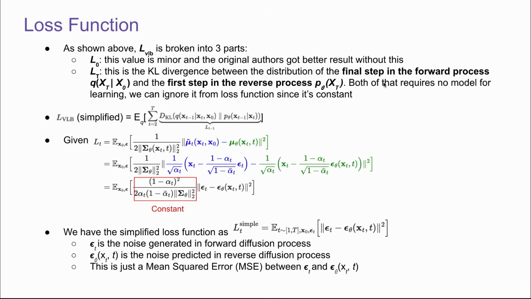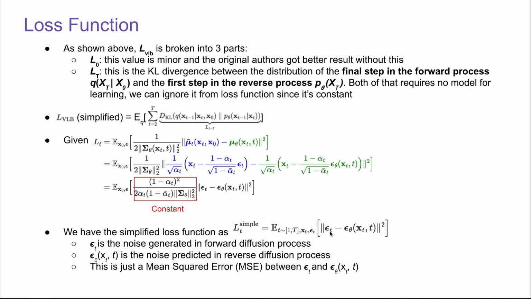Both of these distributions require no model for learning. We can ignore it from the loss function since it's constant. So now we have the VLB loss function simplified to be the sum of Lt minus 1, t from 2 to big T. And after some math deduction by expanding the normal distribution, we can get a simplified loss function if we ignore this constant here.